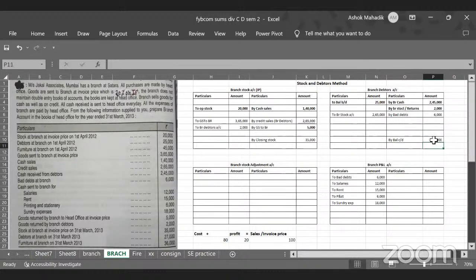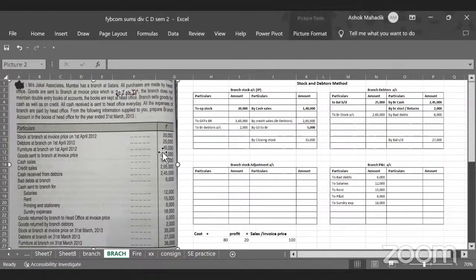Okay. Then furniture at branch. This is closing furniture. As I told you, we don't record opening and closing of furniture, but the difference is the depreciation. Okay. Look, what was the opening balance? See the third item from top. 45,000 was the opening balance of furniture. And look, what is the closing balance? 36,000. Okay. So what is the difference? 9,000.